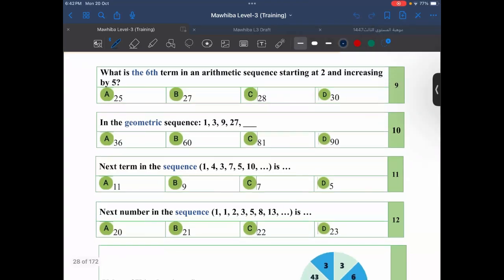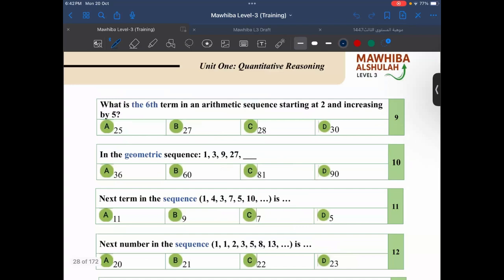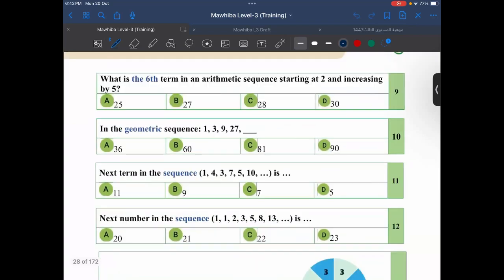So I need to have that here, and I have my pattern, which is increasing by 5. So what is going to be the answer?